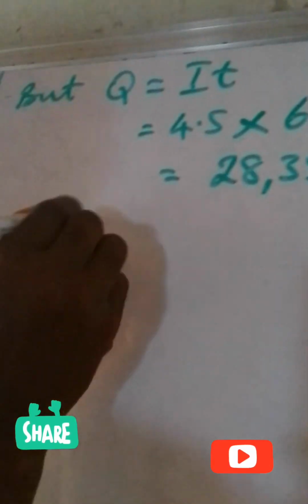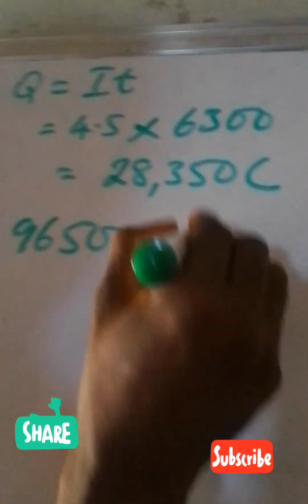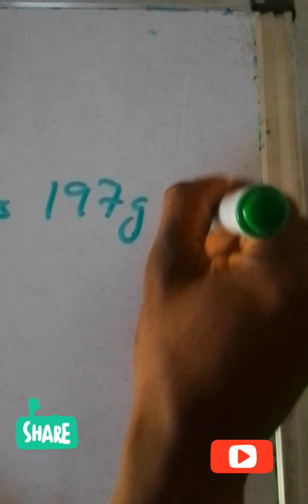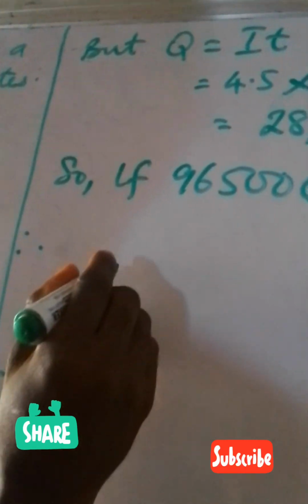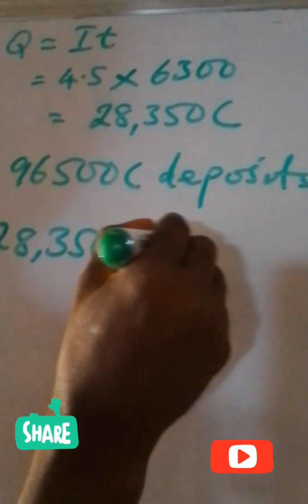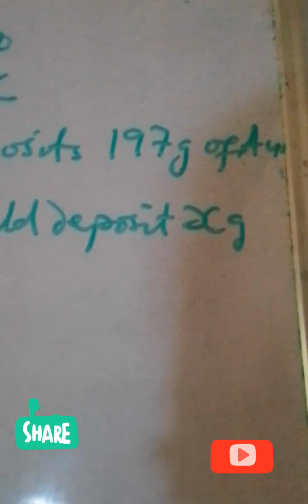So now, if 96,500 coulombs deposits 197 grams of gold, this means that 28,350 coulombs would deposit X grams of gold.